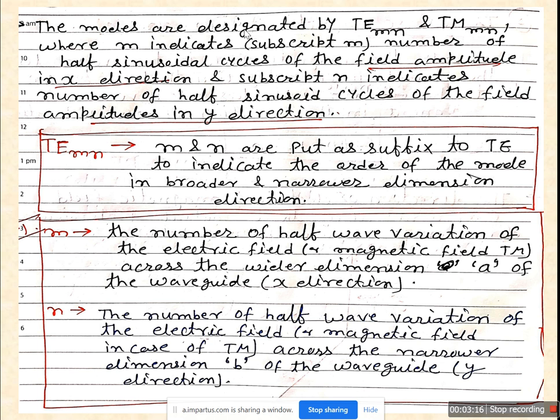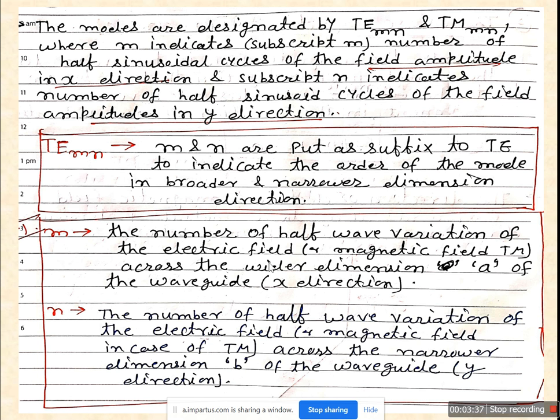The modes are designated by TE_MN and TM_MN, where M indicates the number of half sinusoidal waves. This is a rectangular waveguide. I am posting these two so that you can clearly find the difference between the TE_MN representation of the rectangular waveguide as well as the circular waveguide.